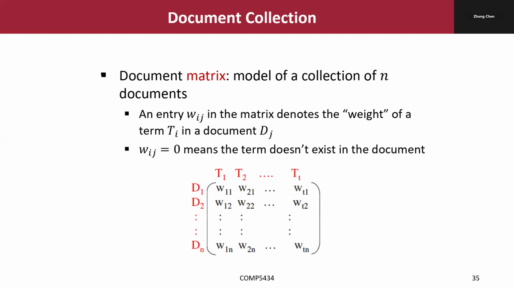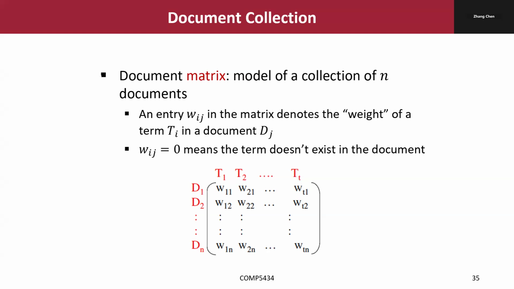Later on, for the collection, we can represent the documents as a matrix. It's basically a model of a collection of n documents. We have shown that one document is represented by one vector, and we move from one document to a collection of documents.